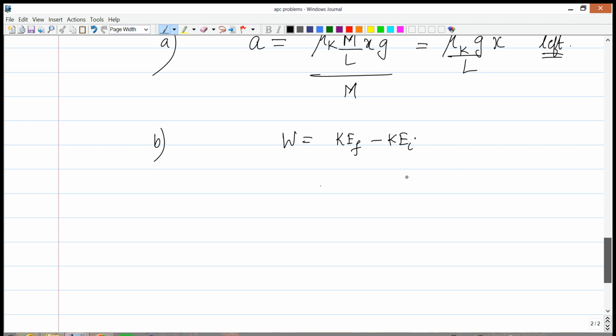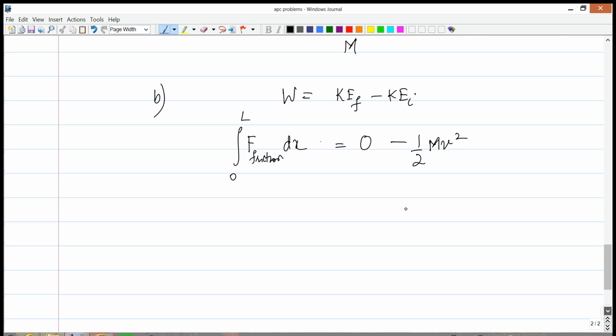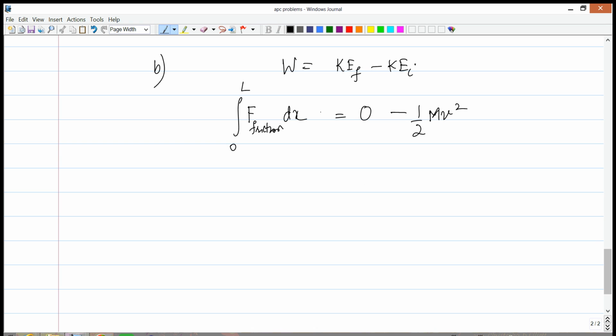Since the force of friction is changing, the work done is going to be equal to the integral of F friction times dx, from 0 to L, and this will be equal to 0 minus 1/2 times m times v squared. Understand that capital M is not given, so we need to make sure that it is eliminated.